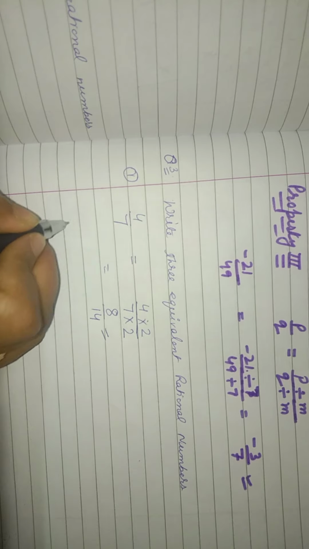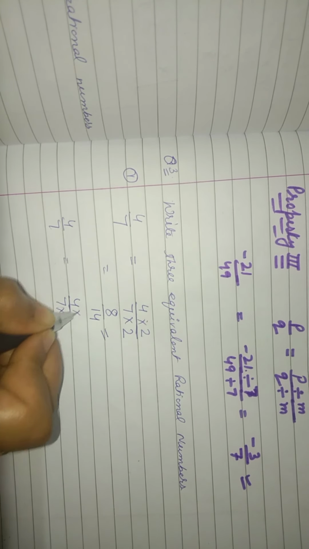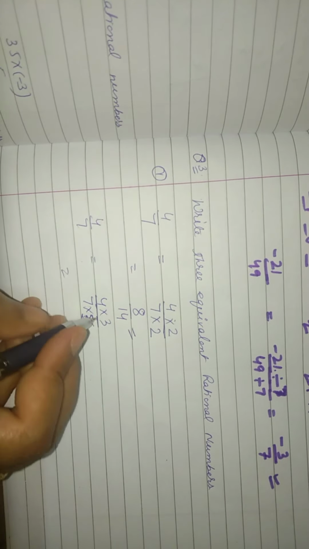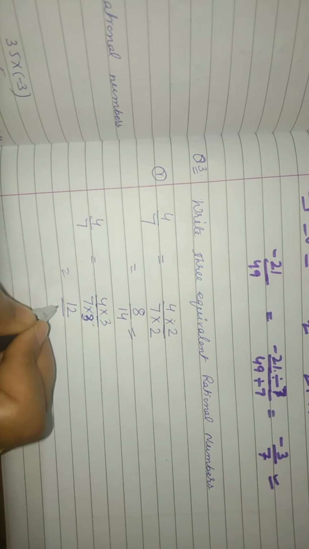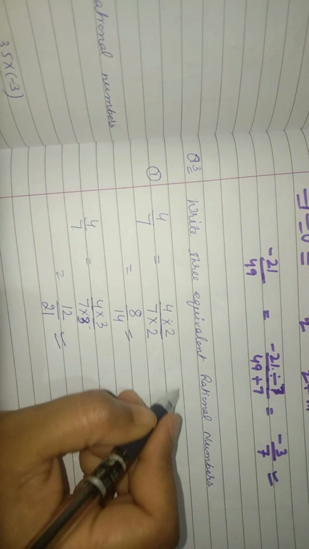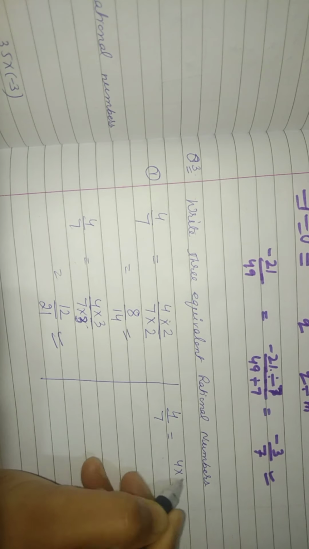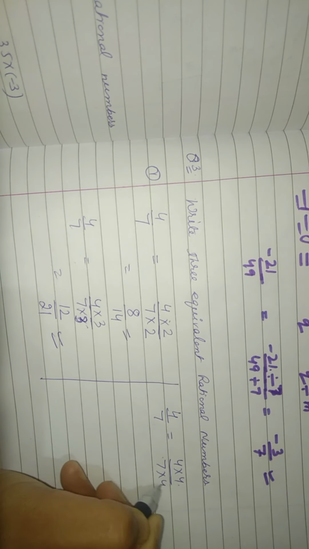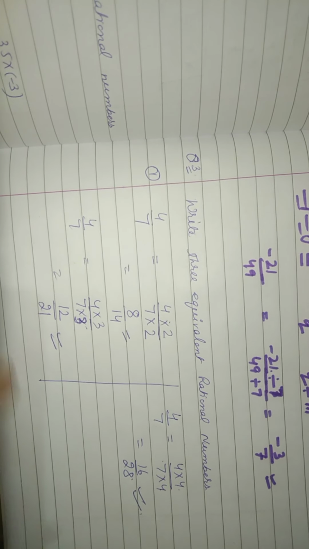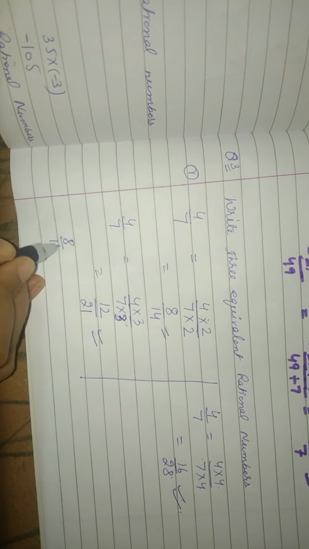Now the second equivalent rational number of 4 upon 7: multiply by 3. 4 3s are 12, 7 3s are 21. This is the second equivalent rational number. And for 4 upon 7, 4 into 4, 7 into 4, so it is equal to 16 upon 28. This is your third equivalent rational number.